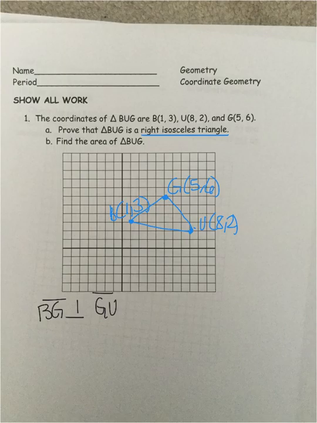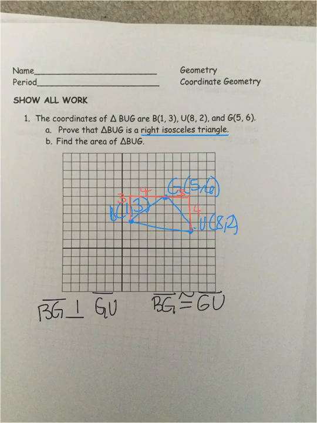So I'm also going to show that they are congruent. Okay, and that means I need to form some right triangles here. 3, 1, 2, 3, 4, 3, and 1, 2, 3, 4.